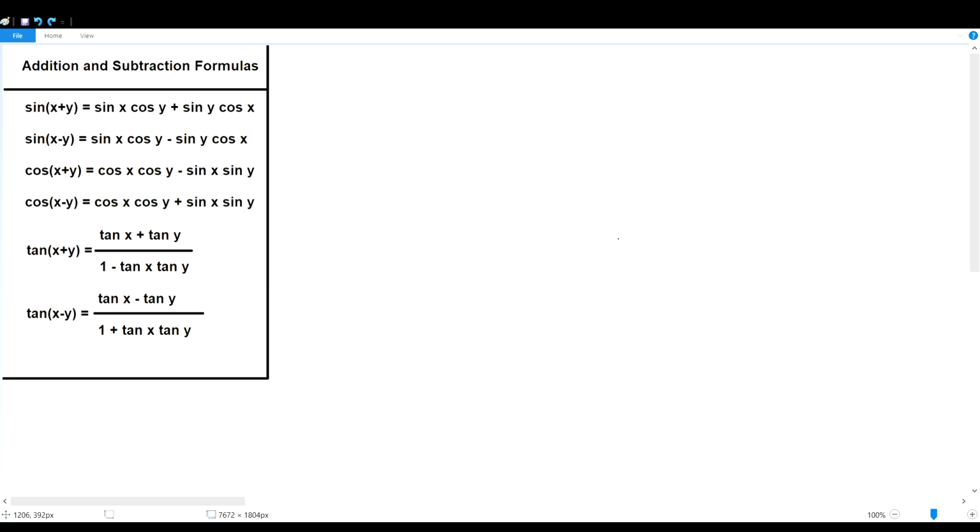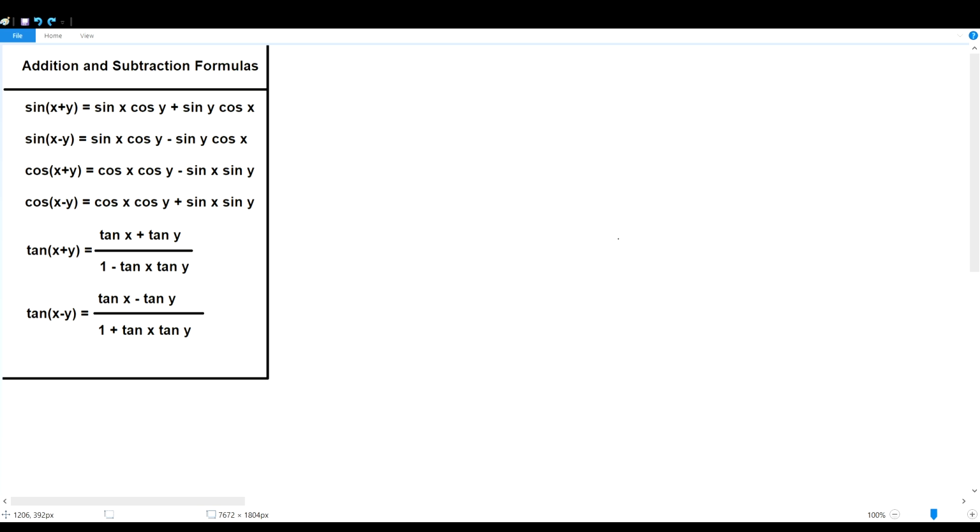Now we're going to go over the addition and subtraction, double angle, and half angle formulas for trigonometry. So first we'll go over the addition and subtraction formulas. These are very useful when trying to solve trigonometric equations. And it seems like there's a lot, but there's actually quite a few ways to memorize them for use later on.